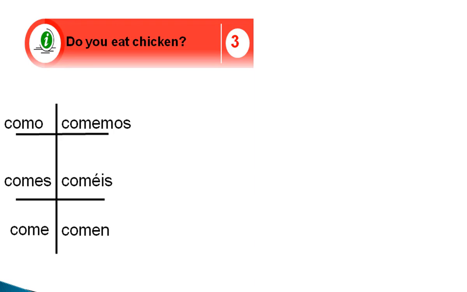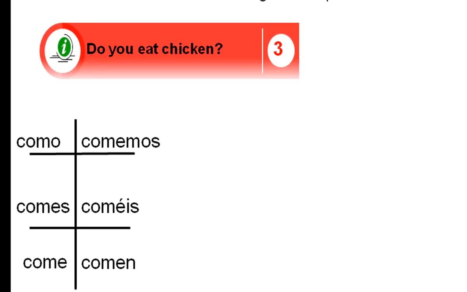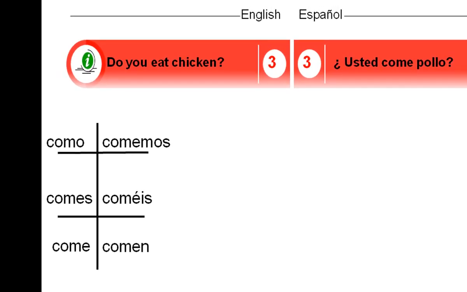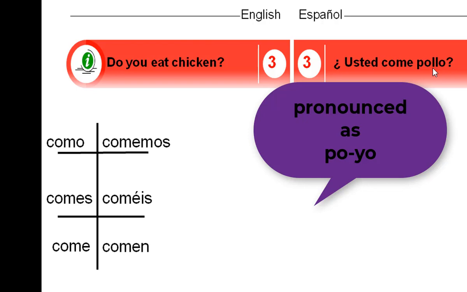Do you eat chicken? You are asking the question. So you eat is comes or come. And chicken is pollo. Double L in Español is pronounced as Y, pollo.